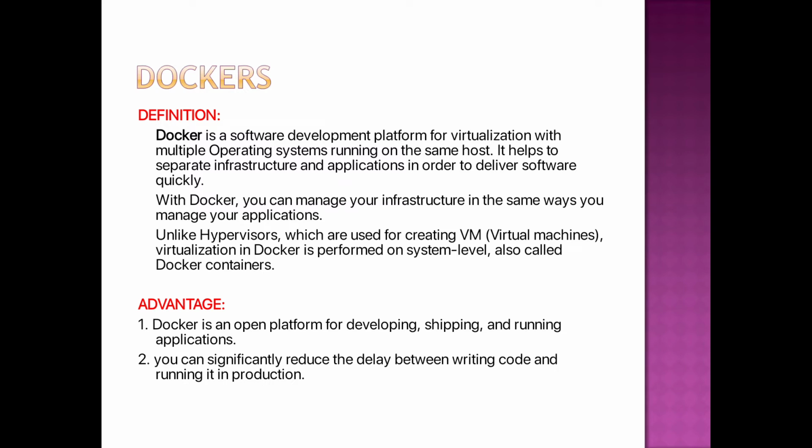Unlike hypervisors, which are used for creating virtual machines, the virtualization in Docker is performed at the system level. These are also called Docker containers, and the Docker container plays the vital role here.